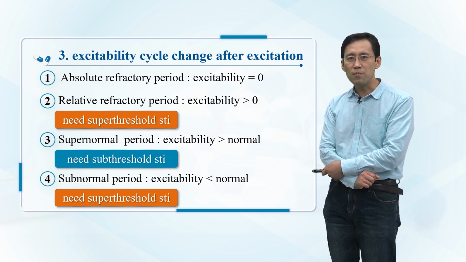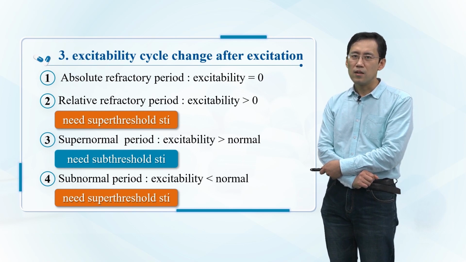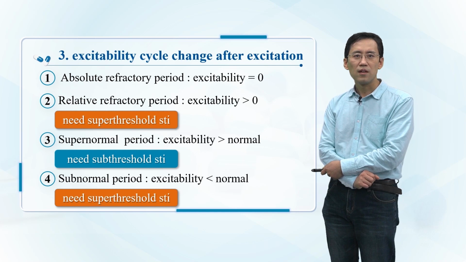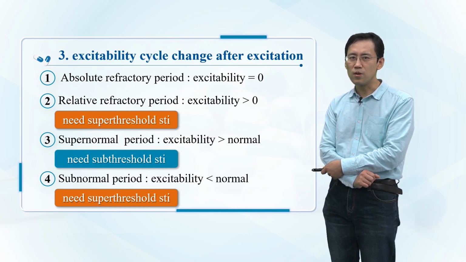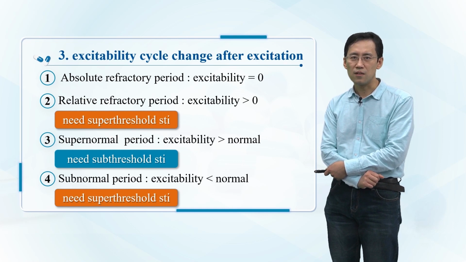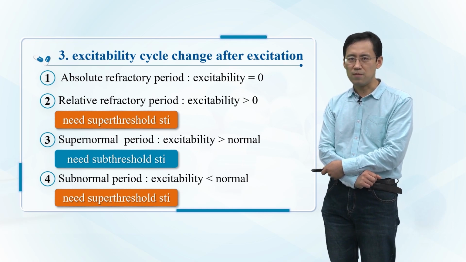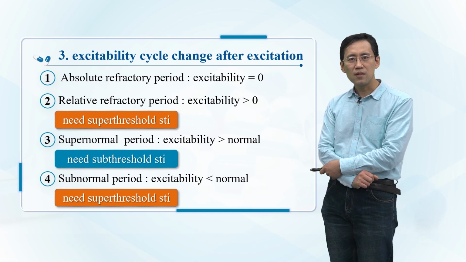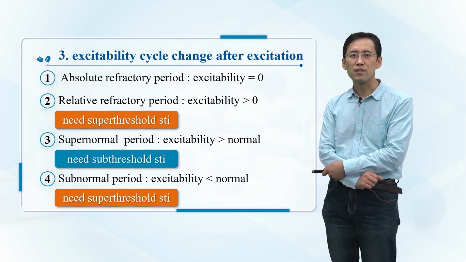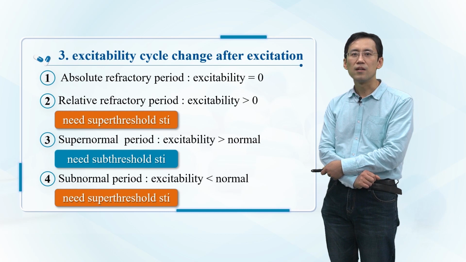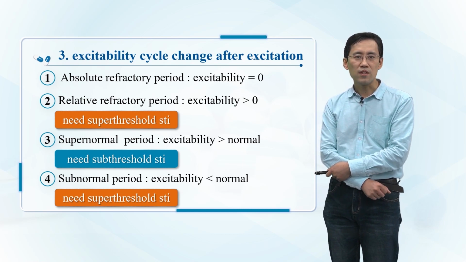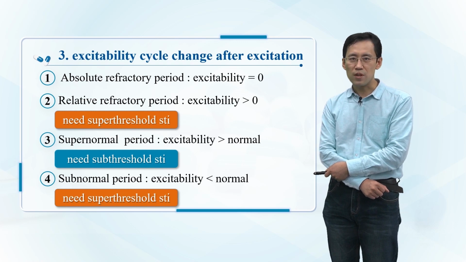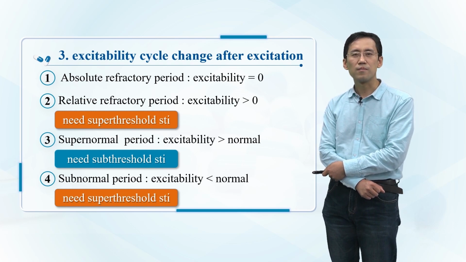Then the supernormal period means excitability above normal, so just a sub-threshold stimulus can cause the action potential. And the subnormal period, the excitability is smaller and below normal, also needs a supra-threshold stimulus.